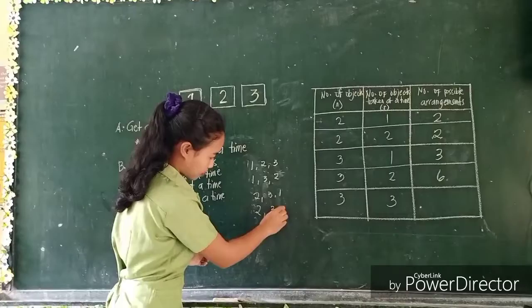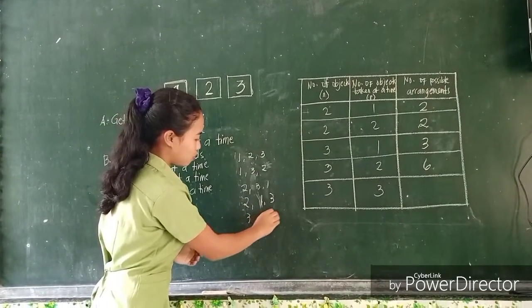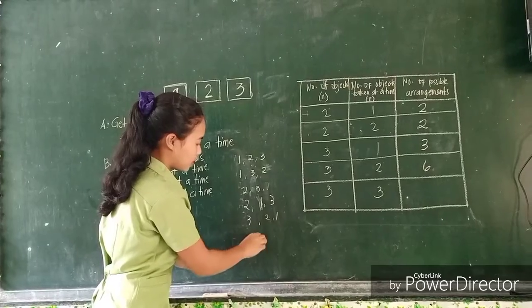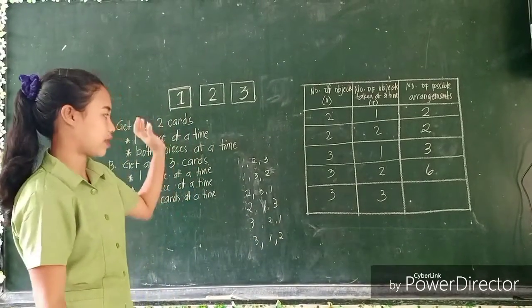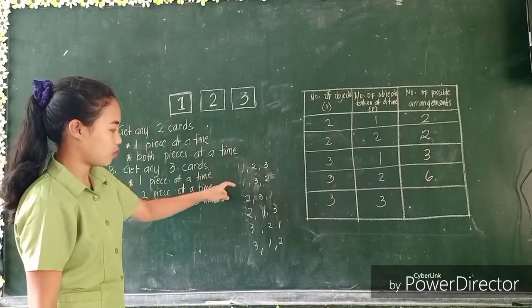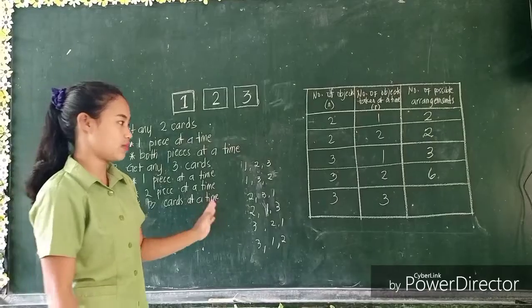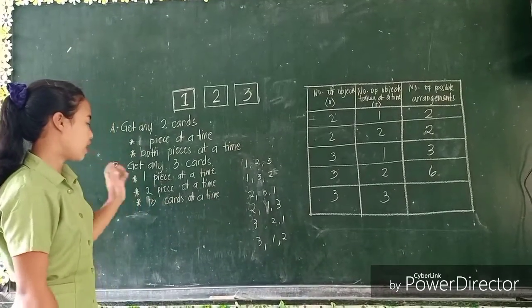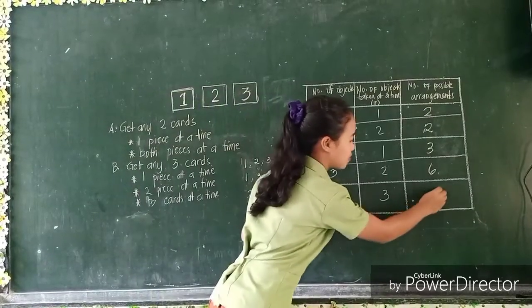How many possible arrangements are there? We have 1, 2, 3, 4, 5, 6. So there are 6 possible arrangements if we arrange 3 cards 3 at a time.